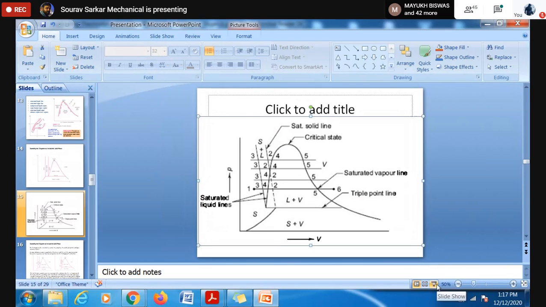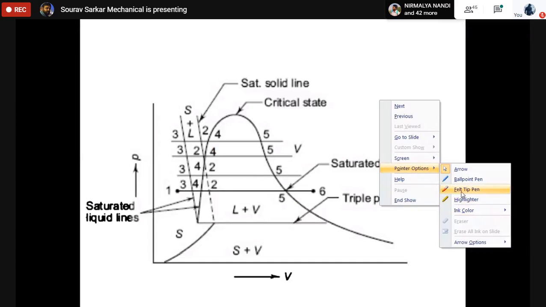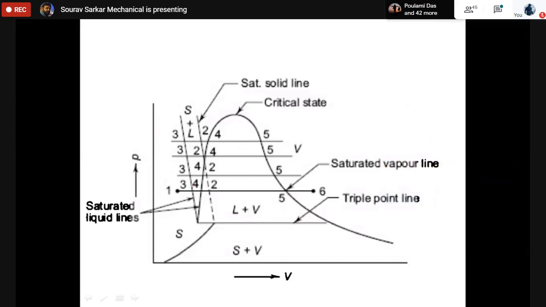So if you look into this diagram, this is the initial process where you have a piece of ice at maybe minus 40 degrees Celsius.